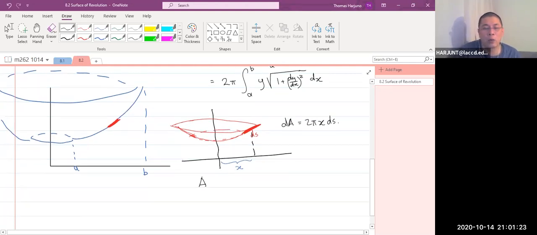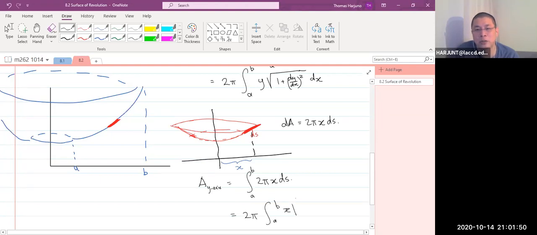So the area when you revolve around the y-axis will be the integral of 2 pi x ds from A to B in terms of x, which becomes 2 pi integral from a to b of x square root of 1 plus (dy/dx) squared dx.